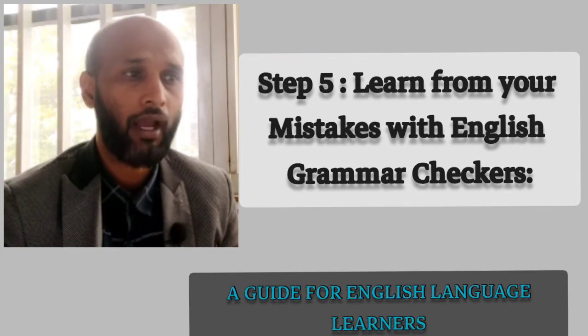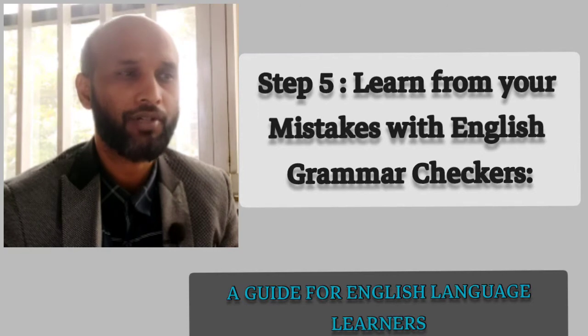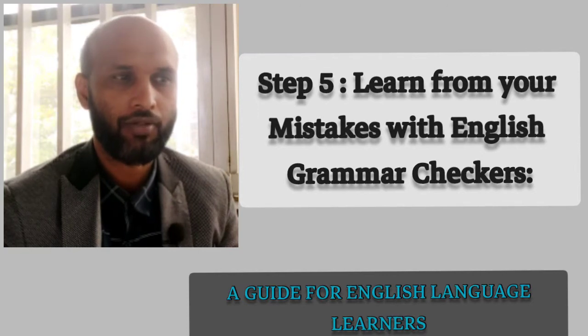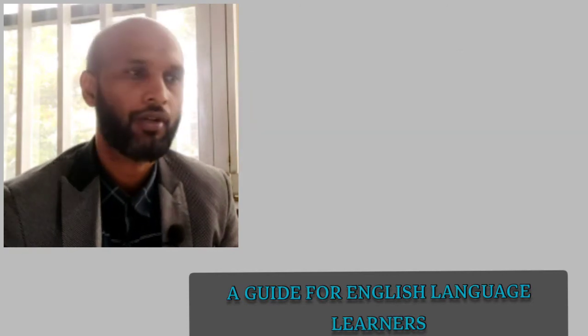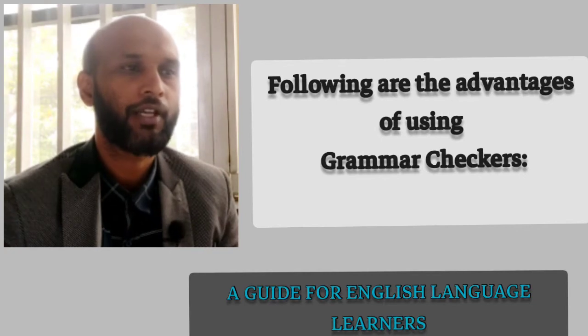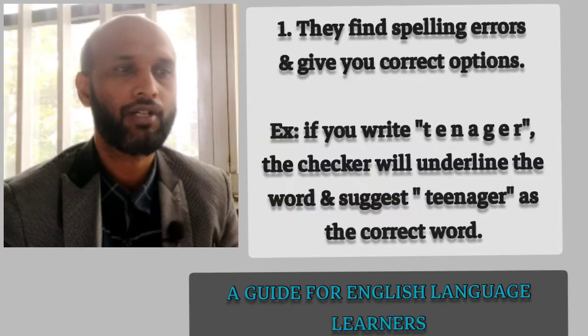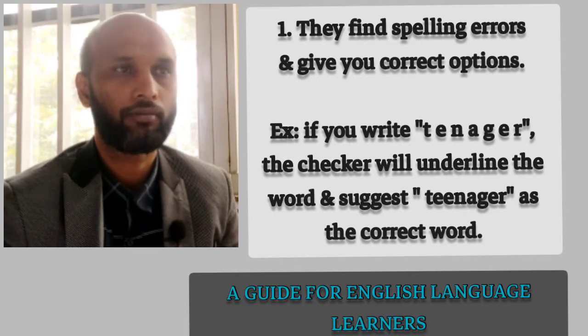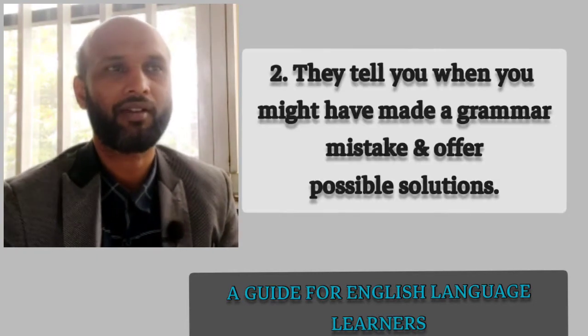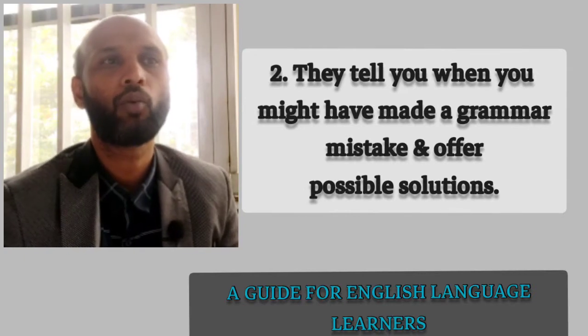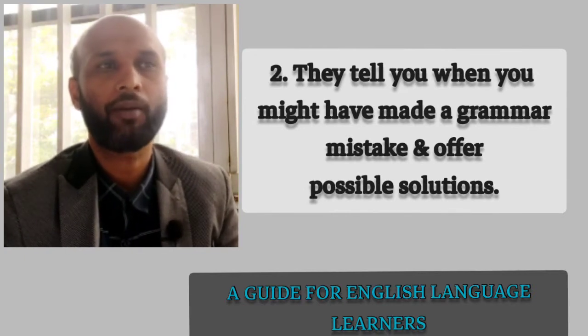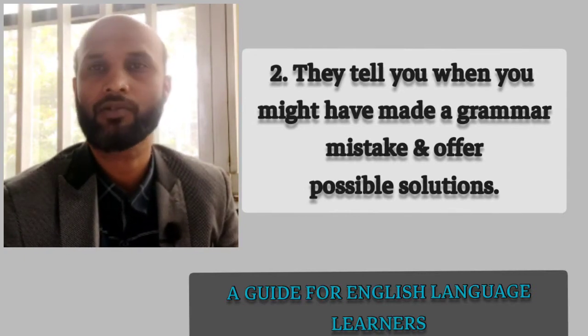There are now thousands of great grammar checkers available, but they tend to have the same main features. They find spelling errors and give you correct options. For example, if you write a misspelled word like teenager, the checker will underline the word and suggest the correct spelling. They tell you when you might have made a grammar mistake and offer possible solutions.